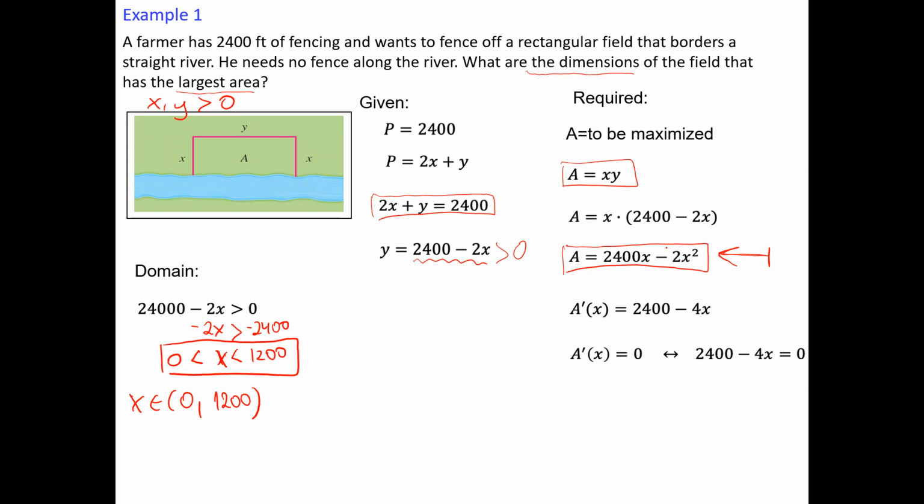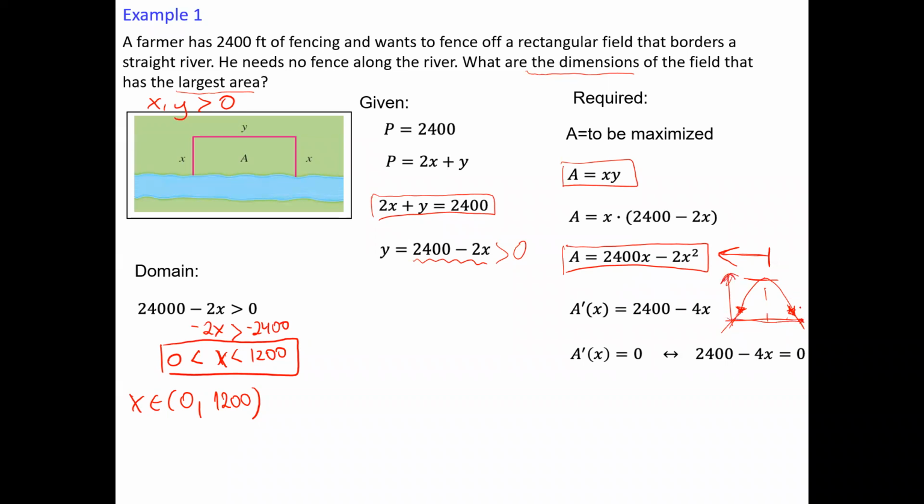If we picture the graph, it's a parabola opening down. Normally I would say the function goes to negative infinity, but we stop because we only consider positive x's, positive y's, positive area.